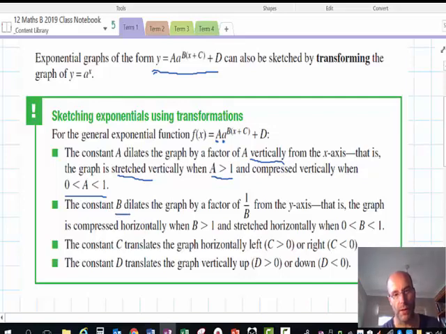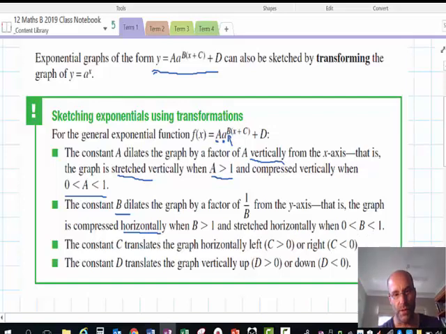B dilates the graph horizontally, and it dilates it by a factor of 1 on B. Bit like what you might have seen with the period in the trigonometric graphs, the horizontal compression. So the bigger B is, the more compressed it is, and if B is between 0 and 1, a decimal, it's stretched horizontally.